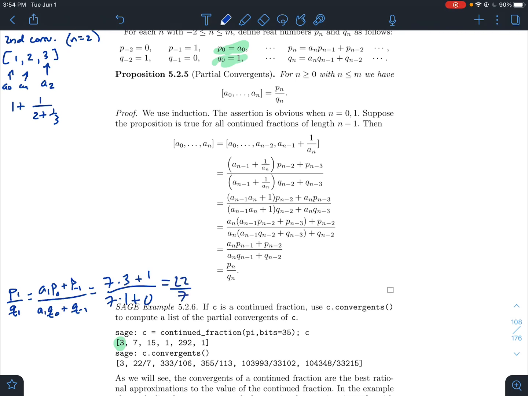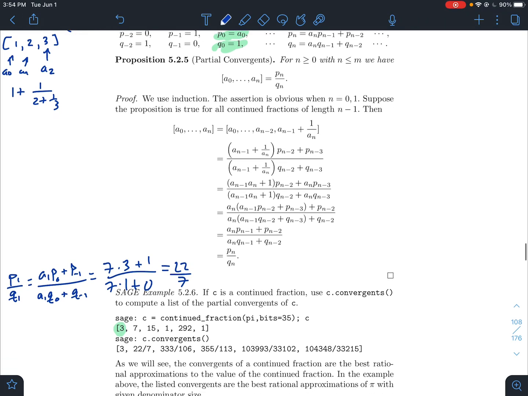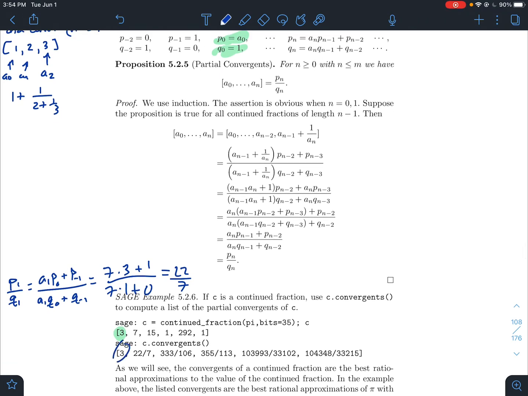And you probably guessed that this is what's happening, but if I look at these partial convergents individually, 3 is pretty close to the number pi, the number that we're approximating here. 22/7 is pretty close to 3.14 and so on. So each entry in the sequence of convergents is a pretty good rational approximation to that number.